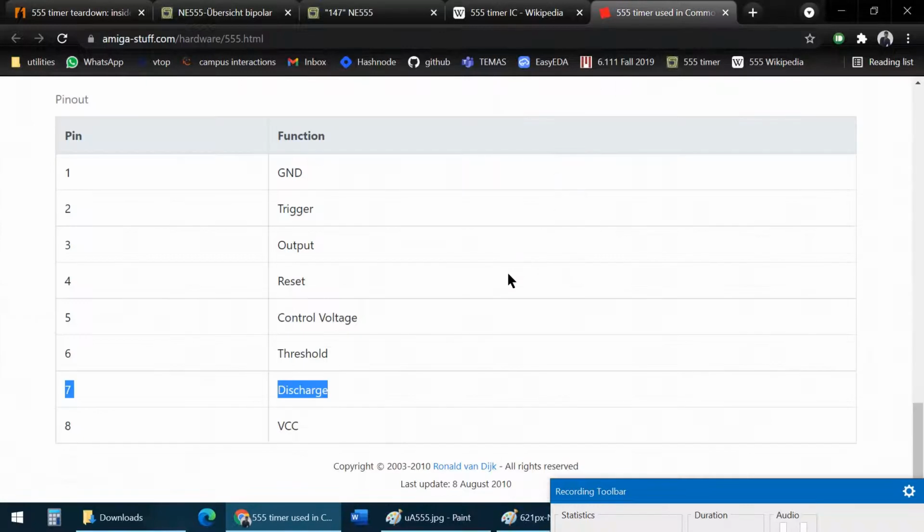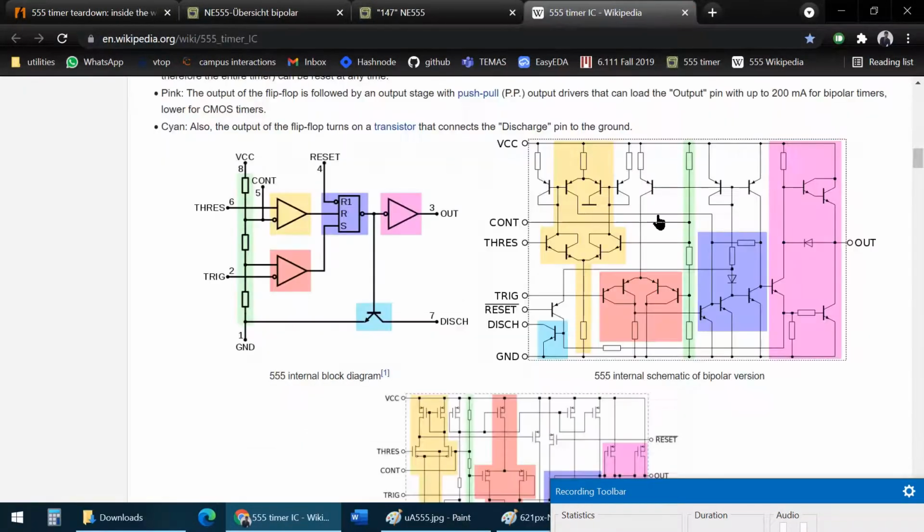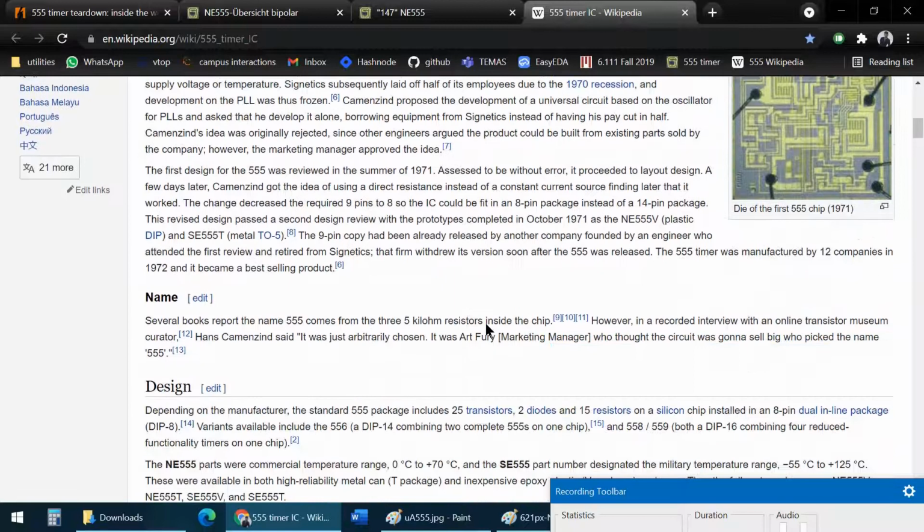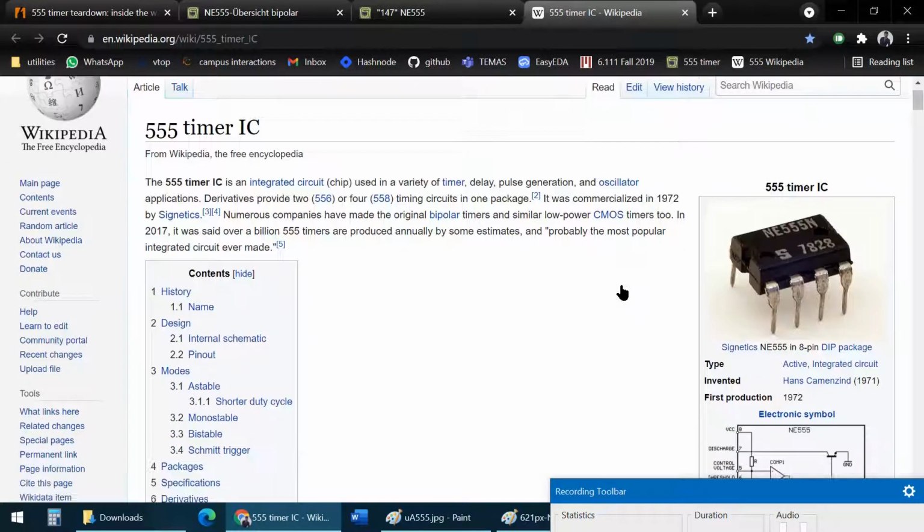I think that's all. This is a pinout, and you can see the 2/3 VCC and the 1/3 VCC across the 5 kilo ohm resistors. So another thing is the name 555 timer. People assume that it comes from the 5 kilo ohm resistors, but he says that it's just arbitrarily chosen. Okay, never mind. It doesn't really matter how the name came.